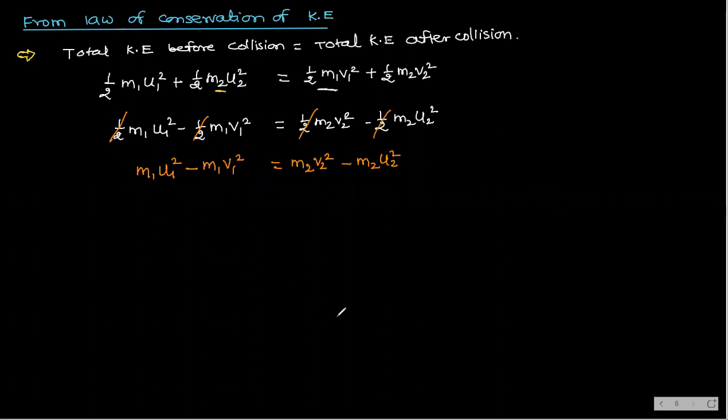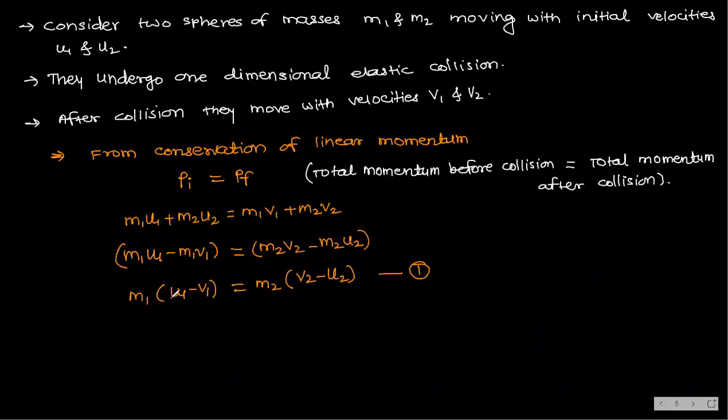And if I take m1 common from this, I get u1 square minus v1 square, and this is equal to m2 common from here, v2 square minus u2 square. Okay, let's call this equation number 2. Now you see, we got equation number 1 and equation number 2.